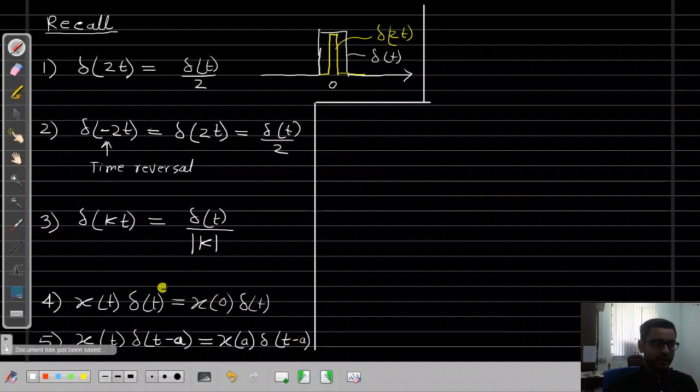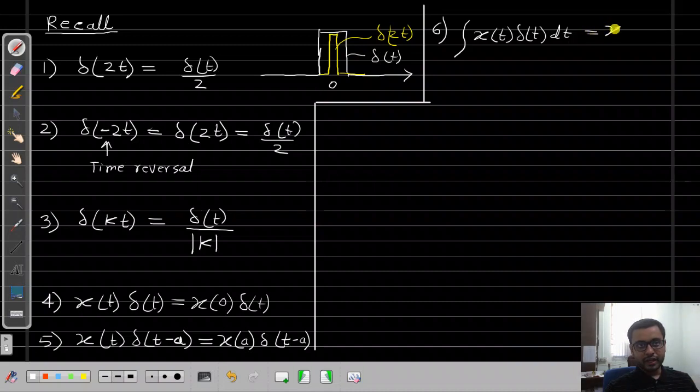From these two properties, I can also write that the integration of x(t) delta(t) dt, if you integrate, will be the same as x(0) integrated from minus infinity to plus infinity.